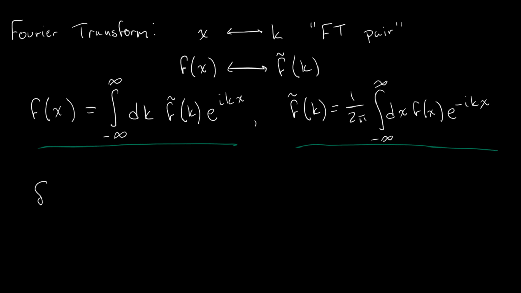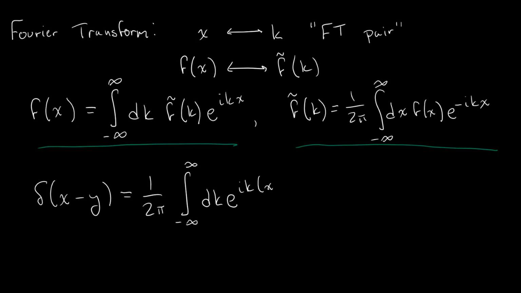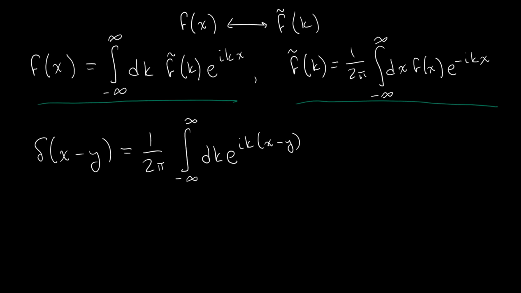If you remember back to the last stream, we found that we could define this Dirac delta function like this: the integral from minus infinity to infinity, dk e to the ik(x minus y). I use the term function loosely.